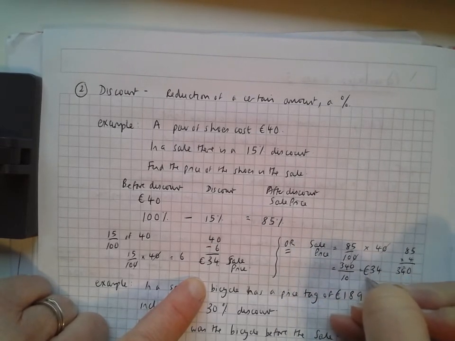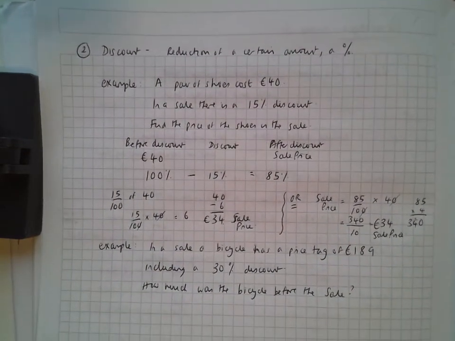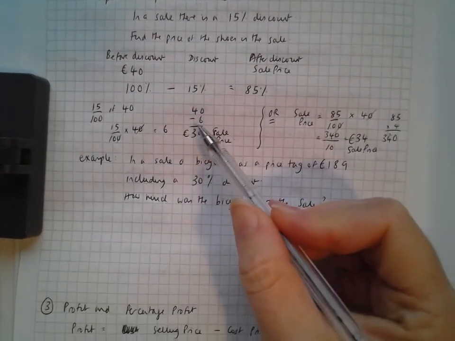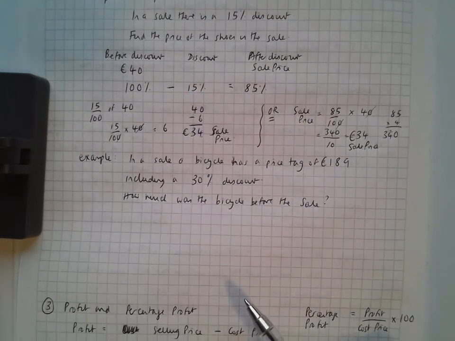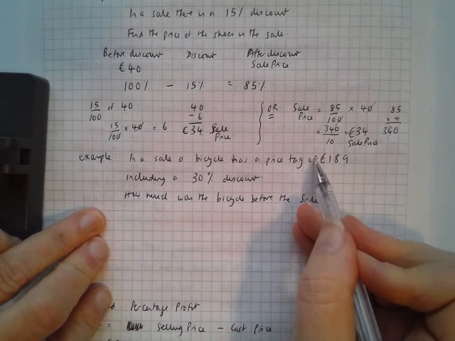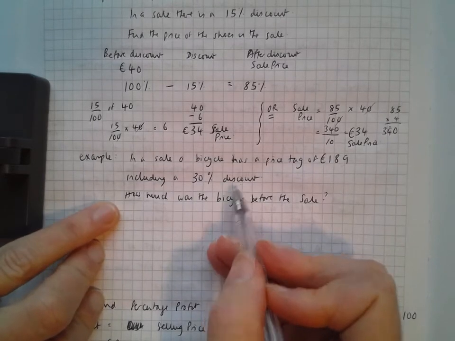So either way, that gives us the sale price, either by finding 85% of the original amount or by finding 15% and subtracting. Okay. In a sale, a bicycle has a price tag of €189, including a 30% discount. How much was the bicycle before the sale?